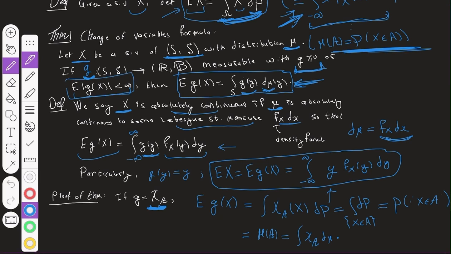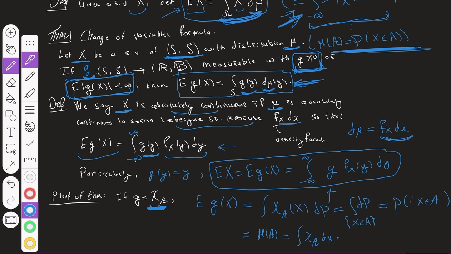This is very important. We're assuming this, for which we can use, for example, dominated convergence, or if we're assuming this, we can use something like the monotone convergence theorem. So in either case, we have convergence theorems to get the result for non-negative functions, and then so on and so on.